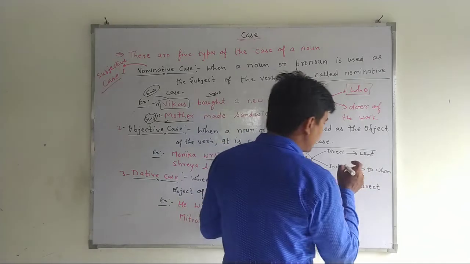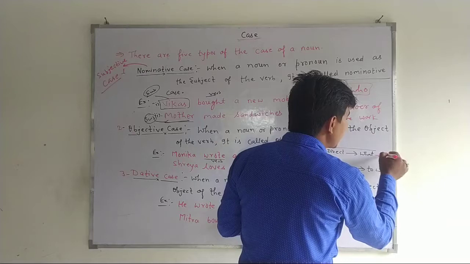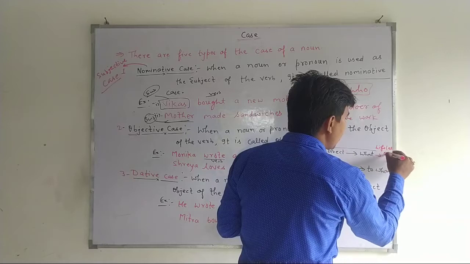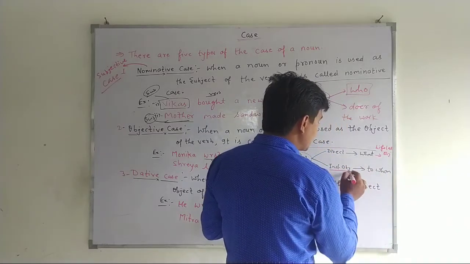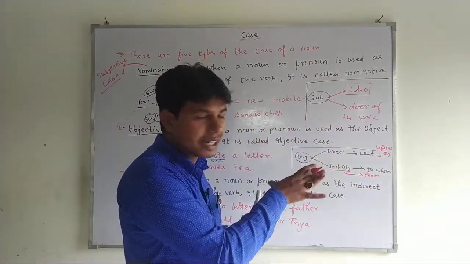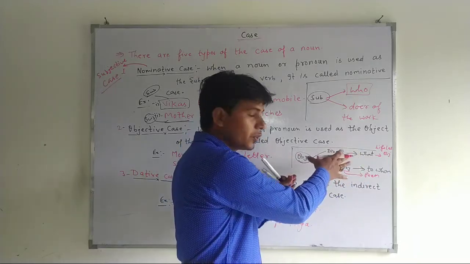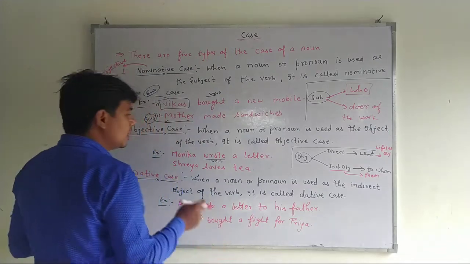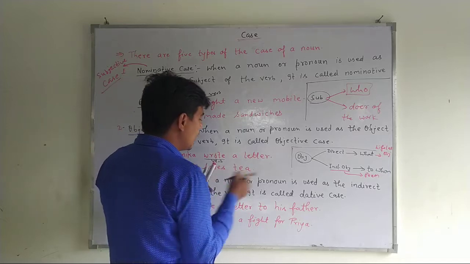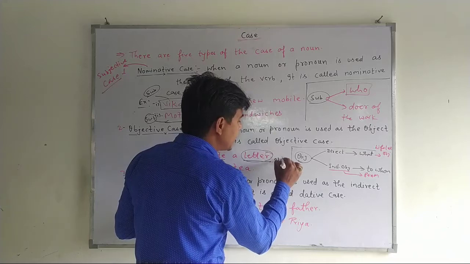I have told you already that a direct object will always be a lifeless object, and an indirect object will be only a person. We have discussed all these things already, so you need not write them, I wrote them just to help you revise. Listen. Monica wrote a letter. Wrote what? We get the answer, a letter. So here letter is a noun and that is the objective case of the noun.